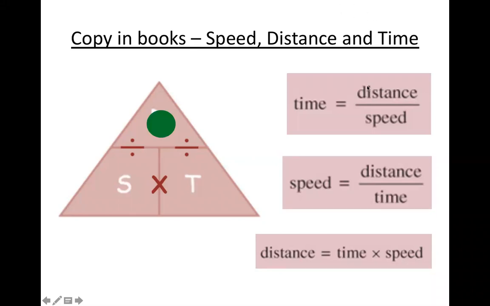Understand? Does everyone get that? Okay. Yes, please copy very quickly. Draw the triangle, distance, speed, and time, and then write these 3 formulas. Very quickly, I give you 1 minute.